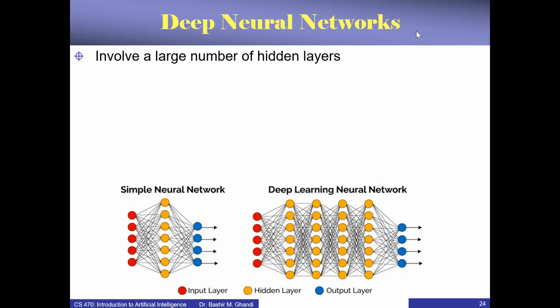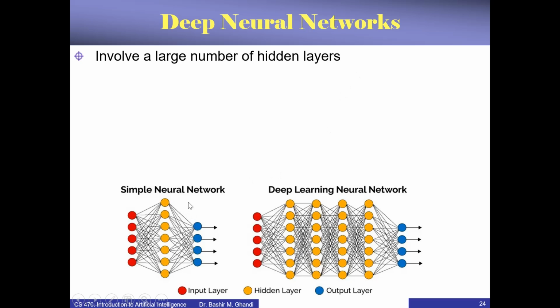Deep learning is simply the application of deep neural networks in order to solve very complex problems. So what are deep neural networks? Deep neural networks involve a large number of hidden layers. This is basically the difference.